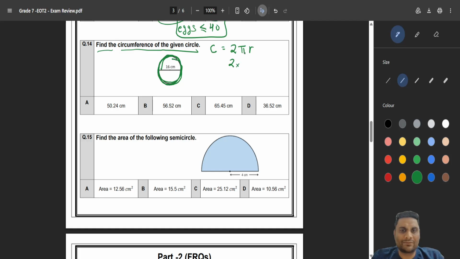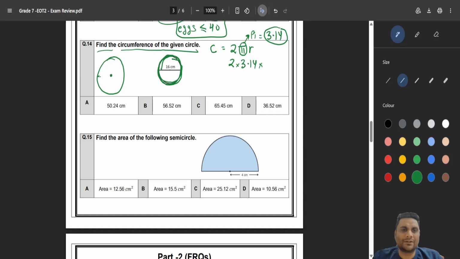2 times pi. Okay, this is what? Pi. And it has a fixed value, 3.14. So whenever you see pi, you can replace the pi with 3.14 times r. Now what is r? See, whenever I draw a circle, inside the circle I have two things. This is the center of the circle.